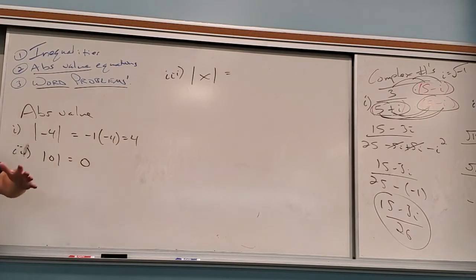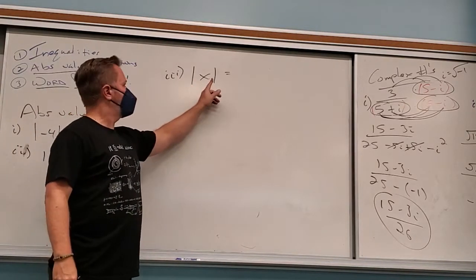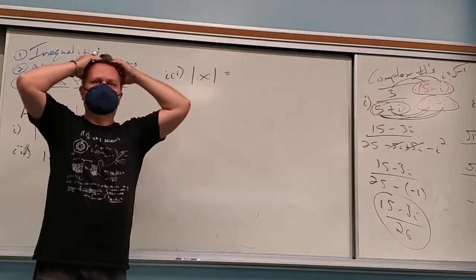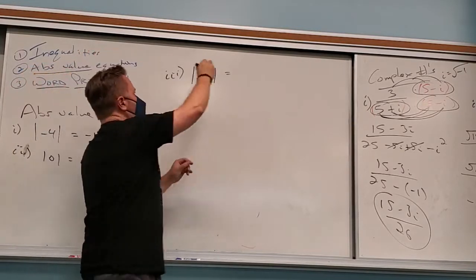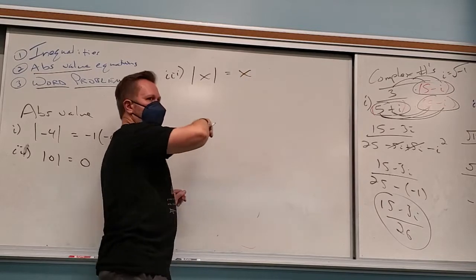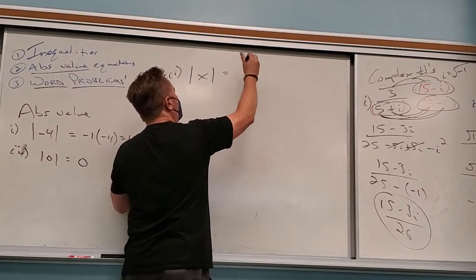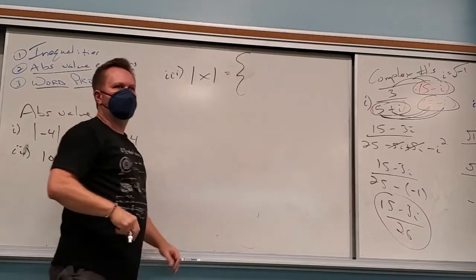If the input's positive, it leaves it alone. So this question is evil because I don't know what x is, right? The answer can't be x because then absolute value of negative 7 equals negative 7. Is that true? No.